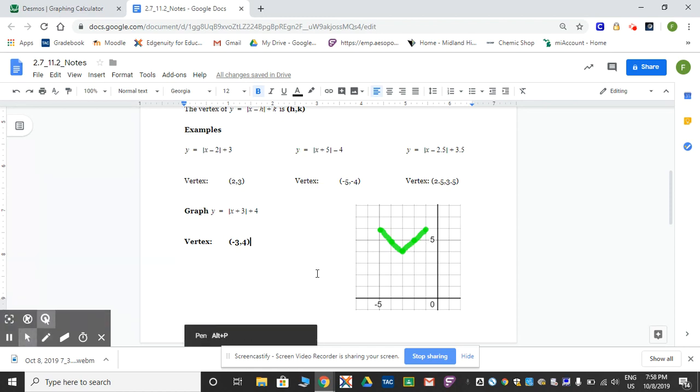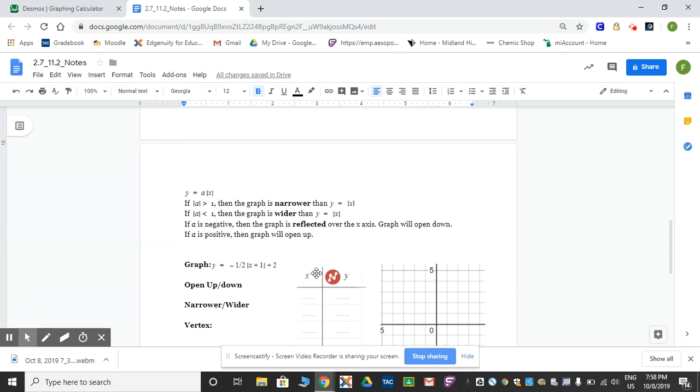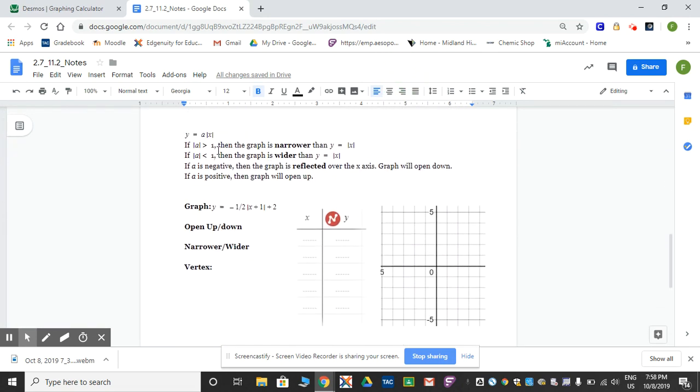So moving on now to the last part. We're looking at different examples now. So if I have a number, we'll call it a, out in front of that absolute value sign, that's going to change my graph. So if the absolute value of a, that number out in front of my absolute value, is greater than 1, then the graph is narrower than y equals absolute value of x.